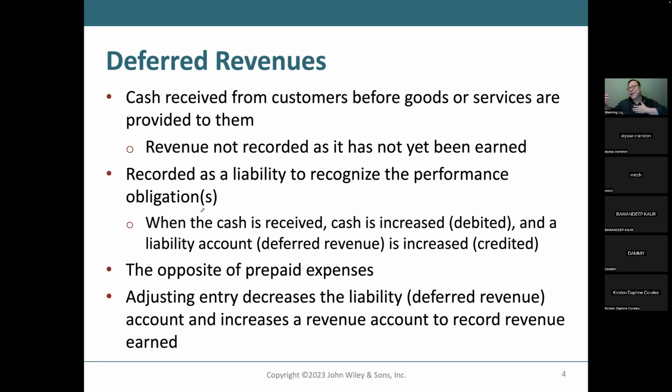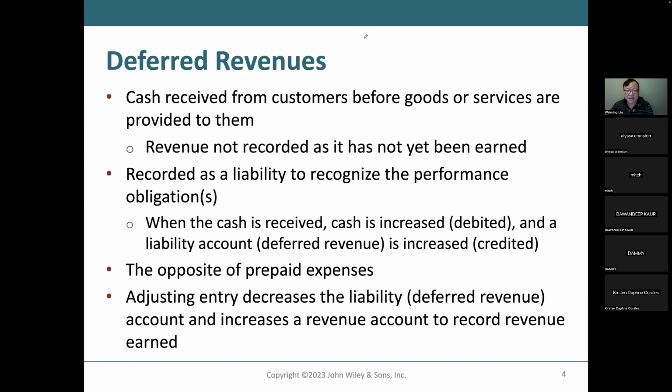So company A is making a payment to company B for a service that hasn't been delivered. B will deliver service to A, but A paid ahead of time. So from A's perspective, A will record prepaid expenses. What about company B? They received the cash. They haven't done the delivery yet, right?